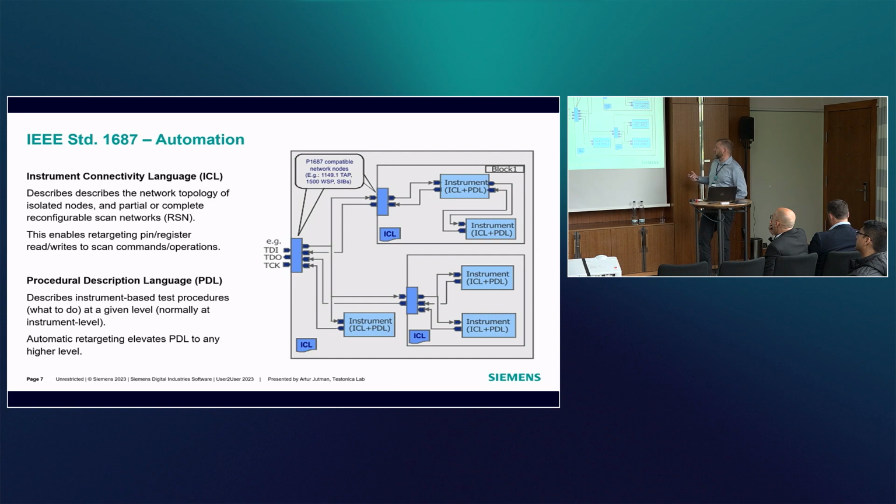They are good to be used together with the ICL description to create top level scan instructions. So the PDL will be retargeted from the local instrument to the top level shift operations.